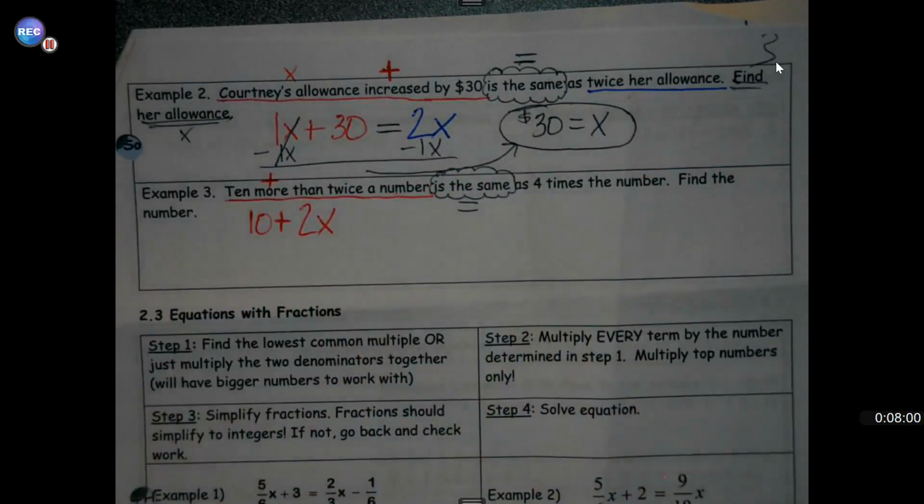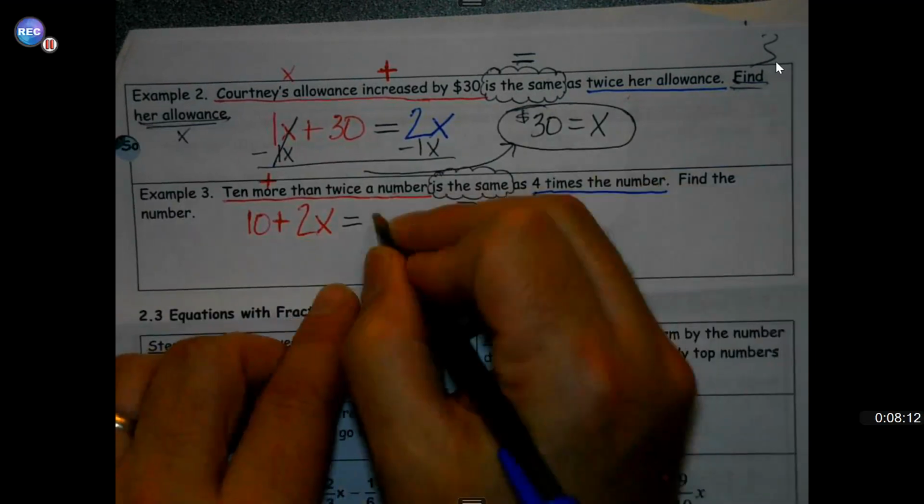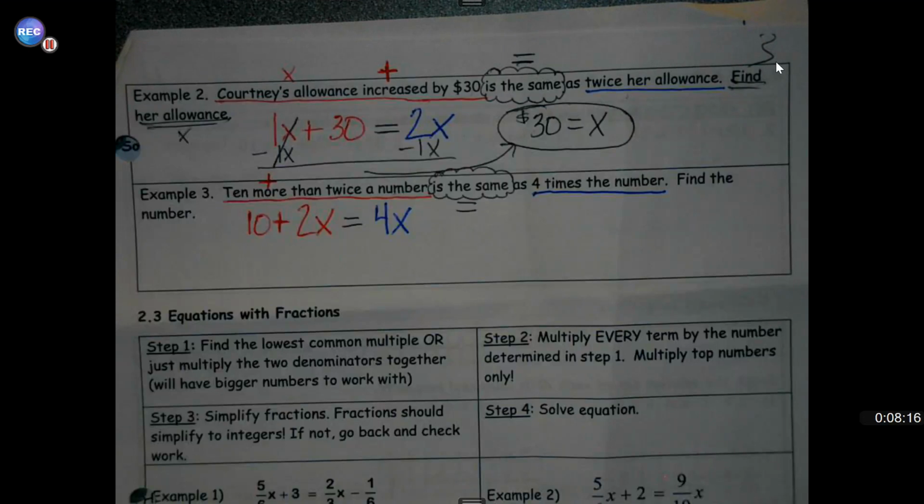Is the same. Even if the word was only 'is', that would mean the same thing. Is, so equals, same as 4 times the number. Very similar, again, especially to the example we just did right up above it. So use that example as your guide.